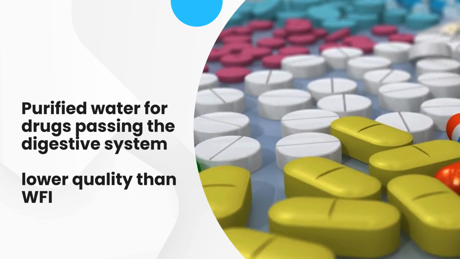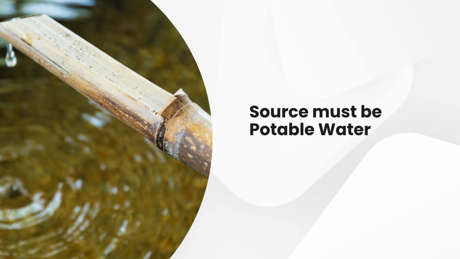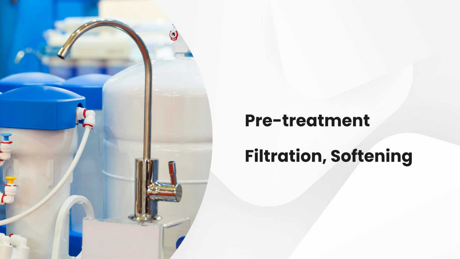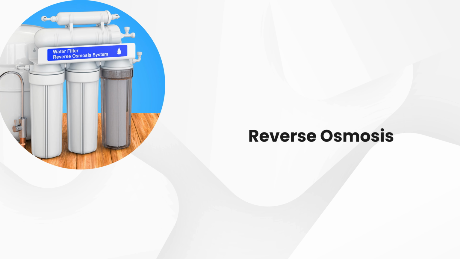The generation of pharmaceutical-grade water involves sophisticated multi-stage purification processes. A typical system starts with a potable water source that undergoes pre-treatment steps like softening and dechlorination. This is followed by primary purification technologies such as reverse osmosis, or RO, which forces water through a semi-permeable membrane to remove a high percentage of impurities.